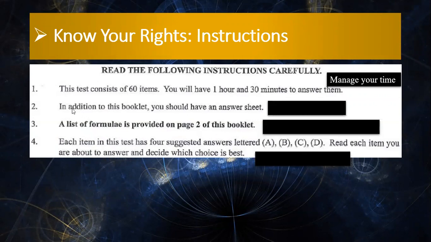And then in addition to the booklet, you should have an answer sheet. What they mean by that is do not lose focus. When I say do not lose focus, you're looking at the question paper and you're into the question. Sometimes students will shade the answer in the question booklet instead of the answer booklet.